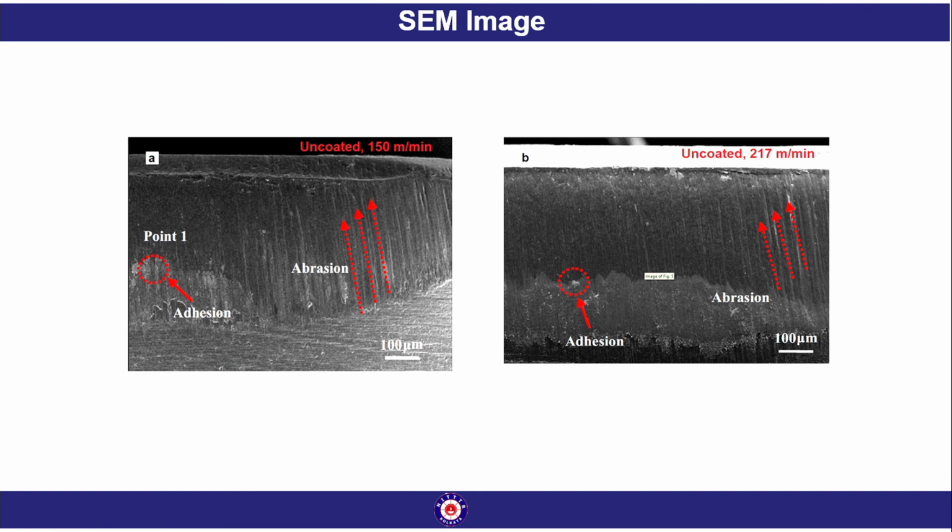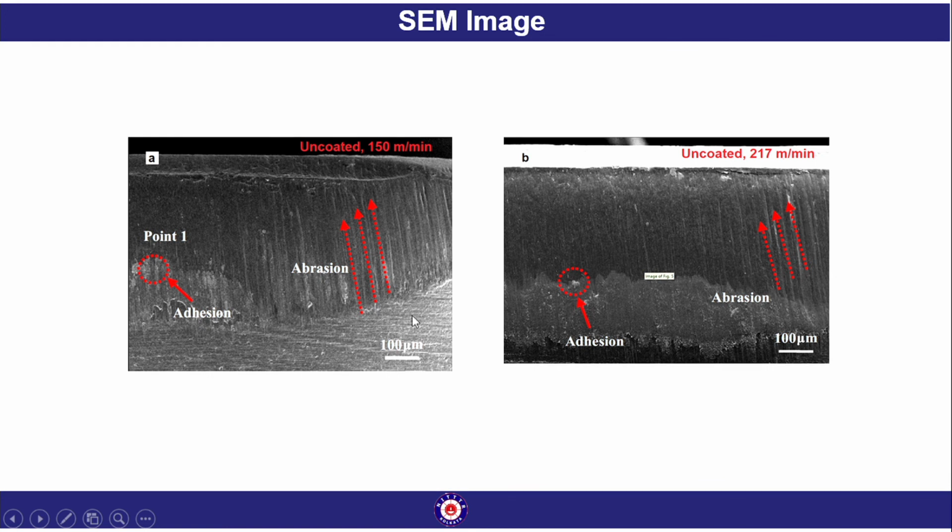Another thing, this is a SEM image of surface structure, of course for the cutting tool. The first one is an uncoated cutting tool where the cutting speed is 150 meters per minute. You see there are two types of surface changes: one is adhesion of workpiece and cutting tool materials, another is abrasion of workpiece and cutting tool.